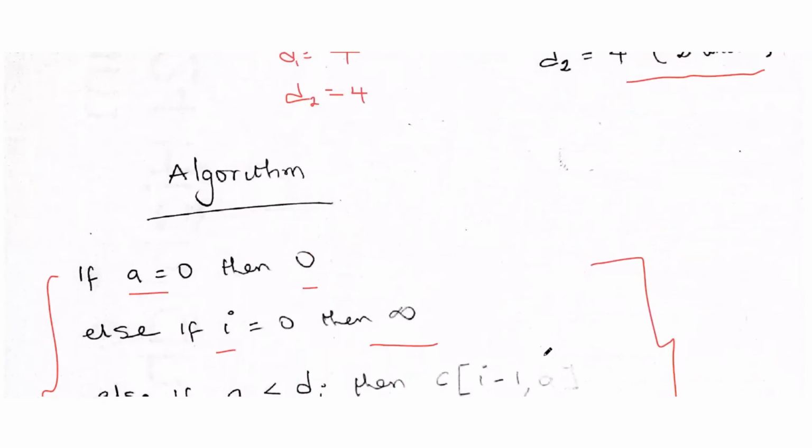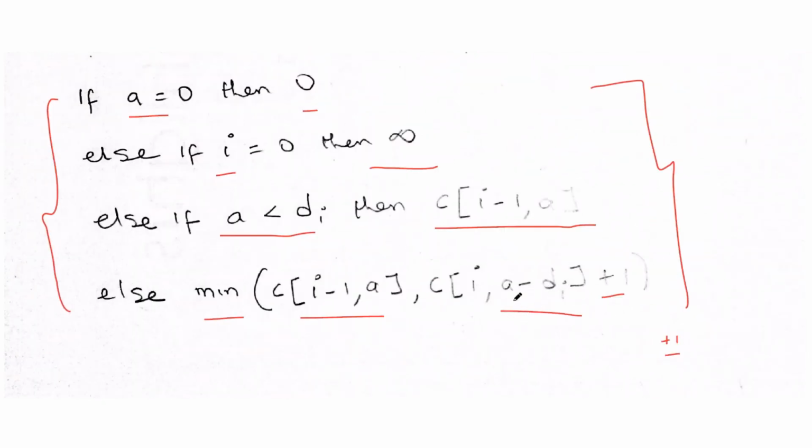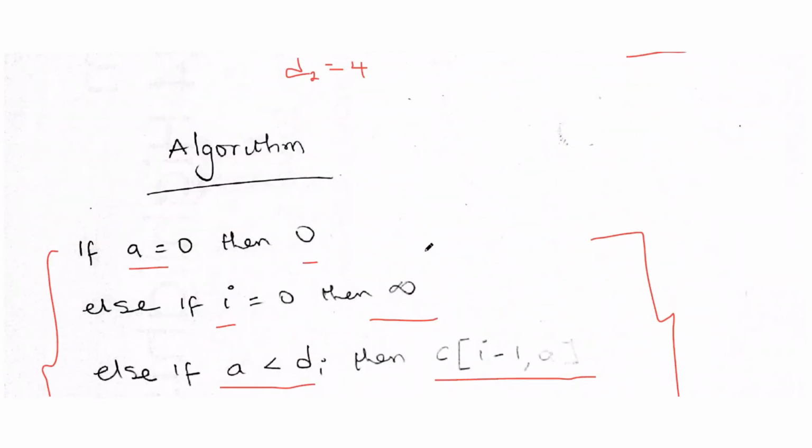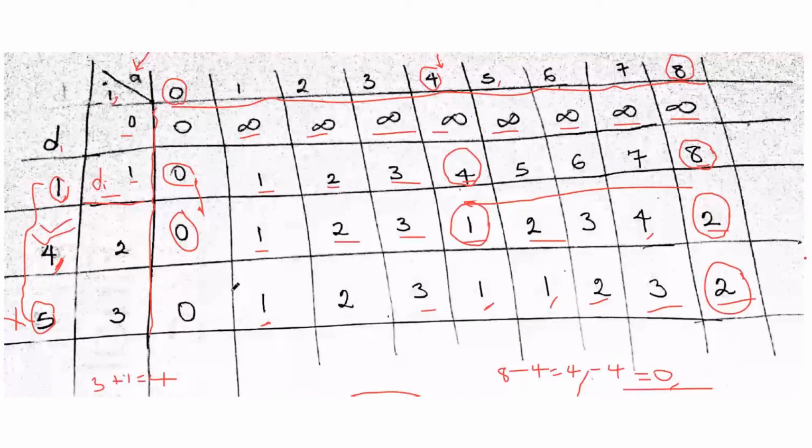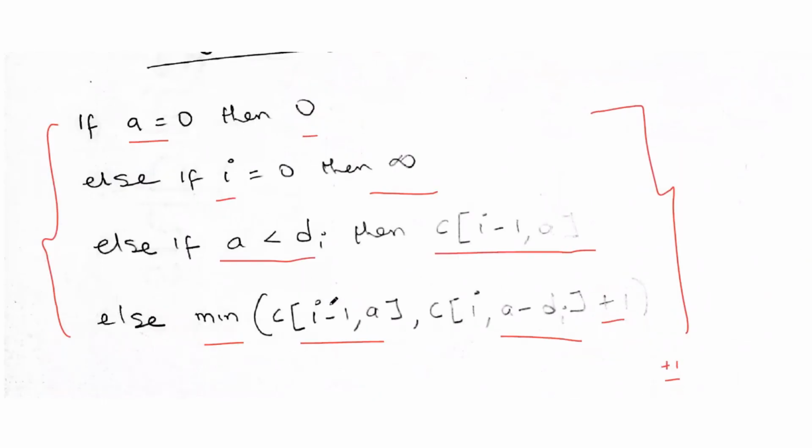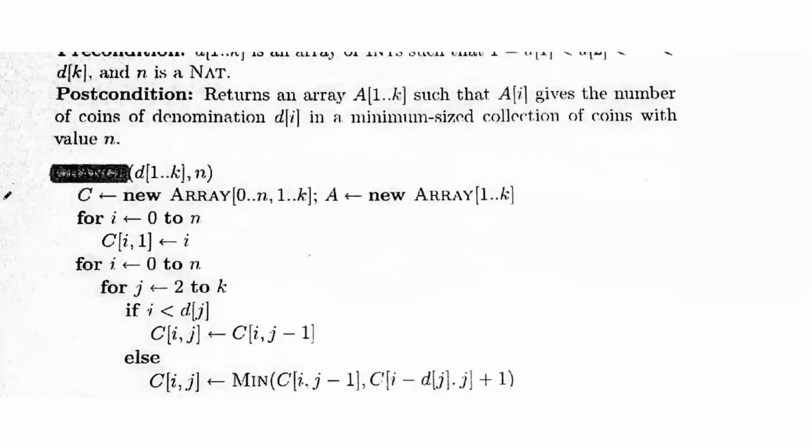If you use this algorithm, you will discover that you arrive at this entry. Another algorithm that you might want to use is also provided here. This is the denomination, and here n represents the amount. So n in this case will be our 8, and the denominations here will be 1, 4, 5.